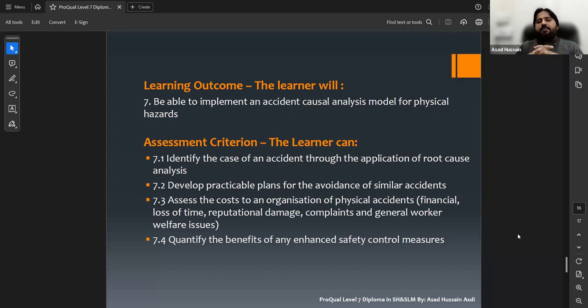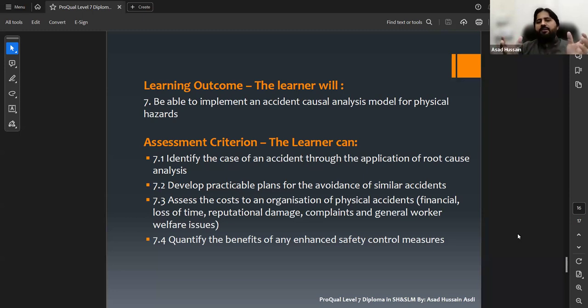So in 7.4, quantify the benefits of any enhanced safety control measure. Definitely, the last assessment criteria is about cost, how costly it will be for an organization when a physical accident happens. In 7.4, you have to quantify the benefit. If you are enhancing the safety control measures and working towards the avoidance of physical accidents, then it will definitely give you benefits.